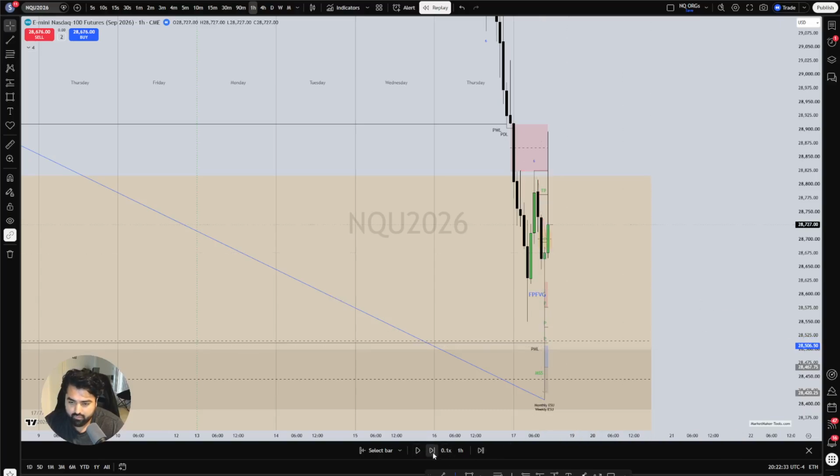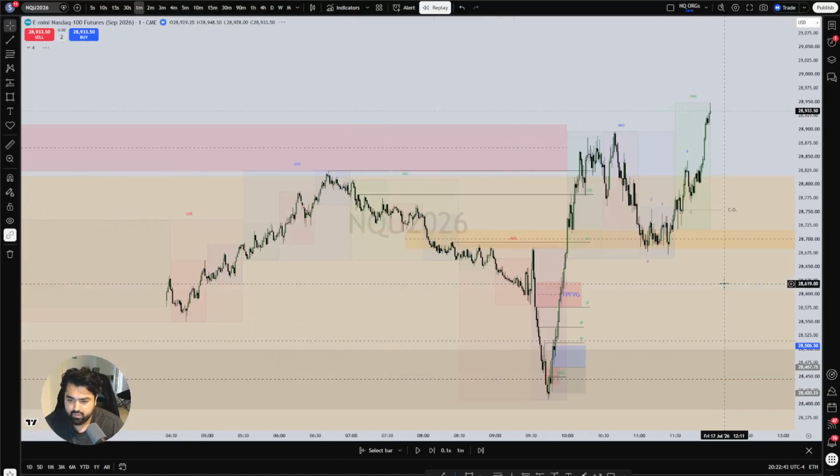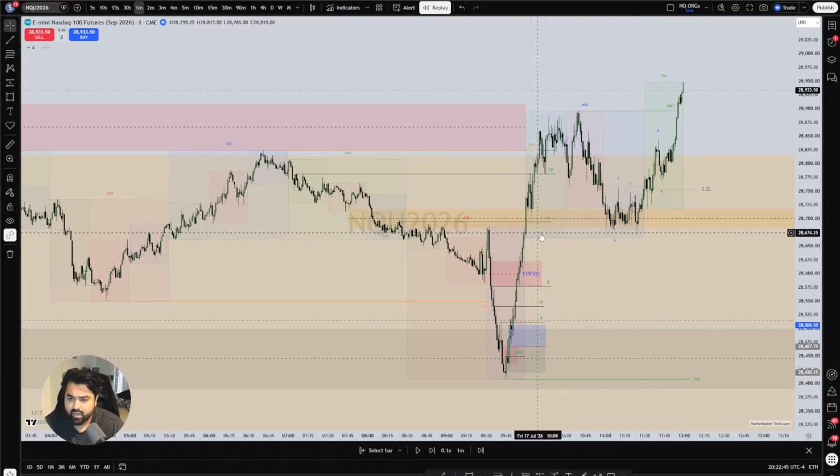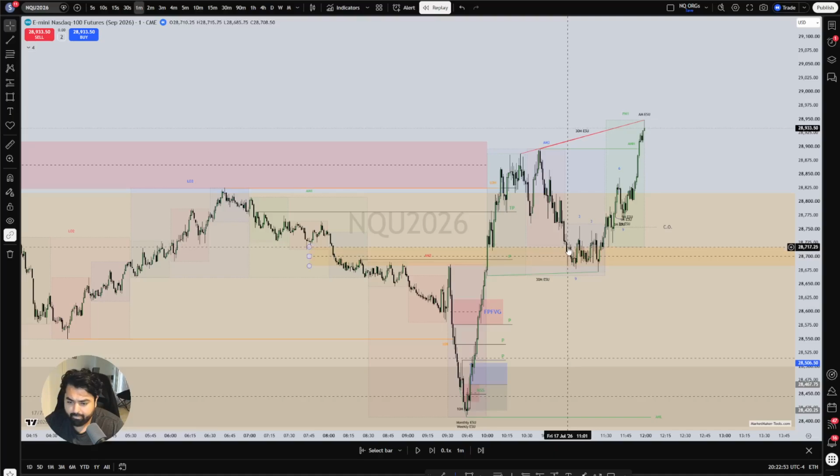Let me move forward. Yeah, we actually made this fair value gap, and in the next hour we inversed it. So let's look at it, because I didn't look at the charts after that. Let's go to the 1 minute chart. So at 11 a.m., this is 11, this one here.